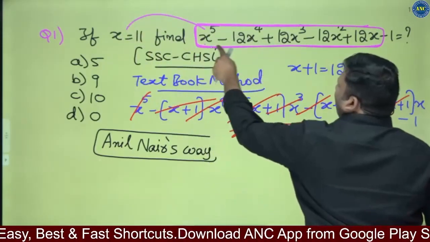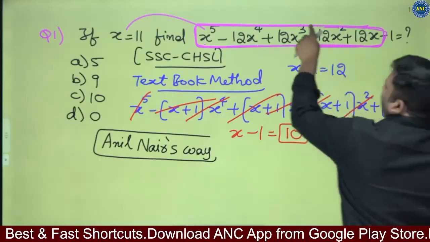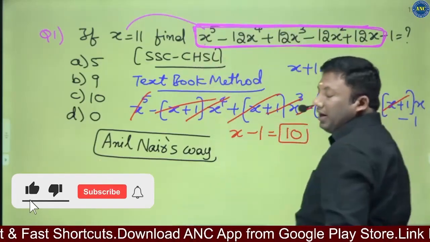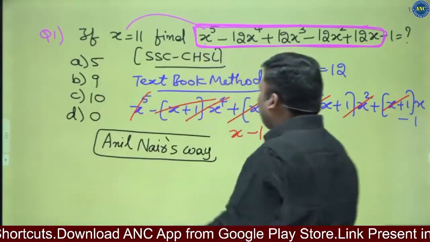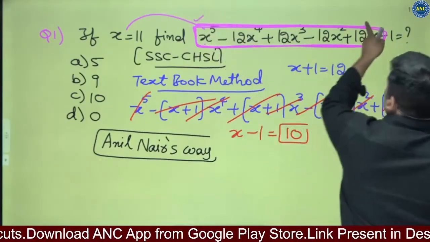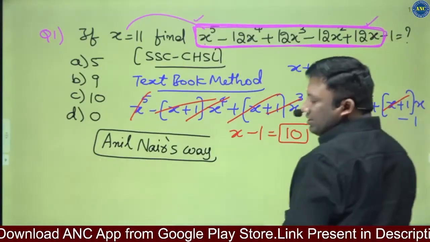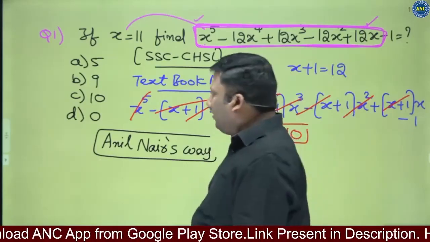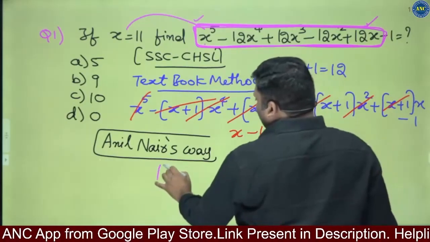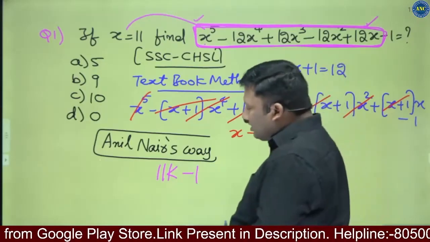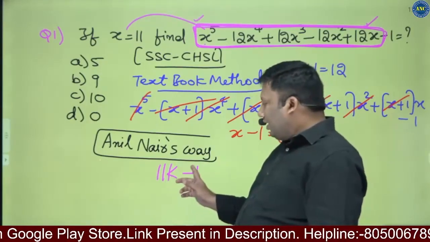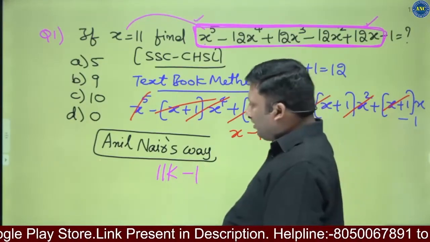That means from here to here, every term is multiplied by 11, so it is divisible by 11. So 11 into something. What is remaining? Minus 1. So the answer, when divided by 11, should give remainder minus 1.